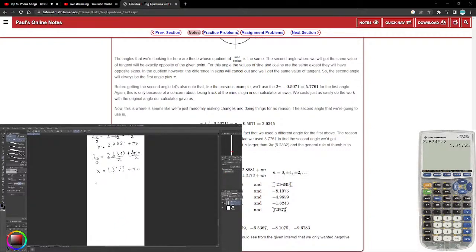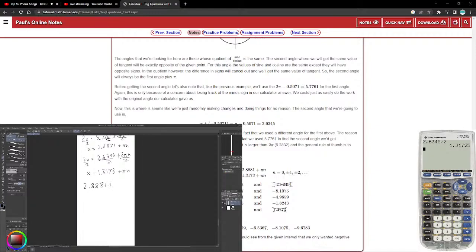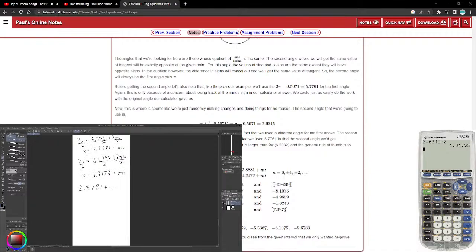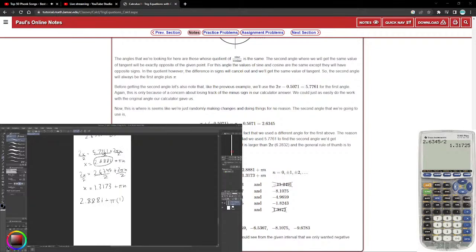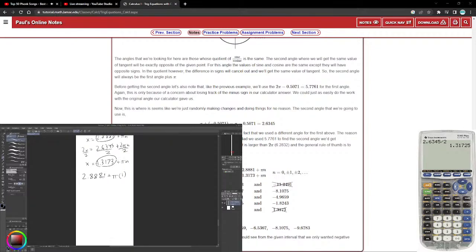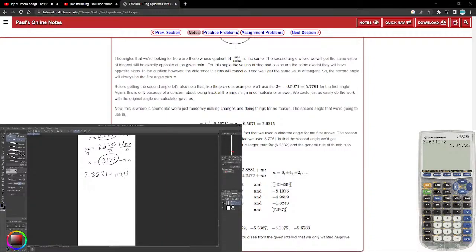So I'm on the right track. Let's circle these first of all. I'm not going to rewrite this. Let's just find the answer. 2.8881 plus pi is 6.0297.